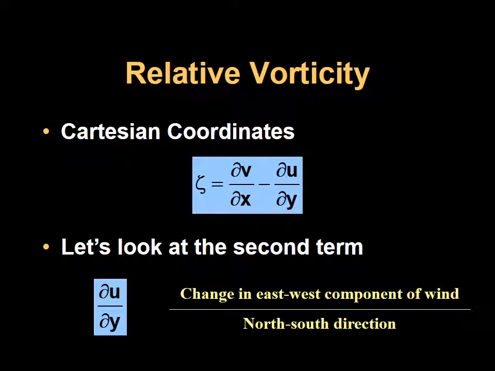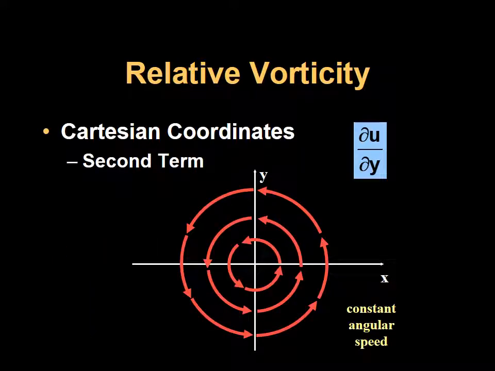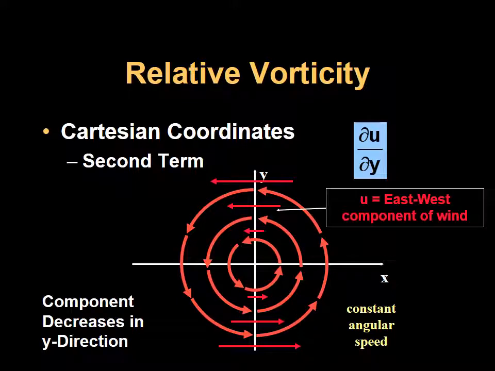Let's try the second term, which is the change in u in the y direction. u is the east-west component of the wind, and how does that change as you move towards the north? So let's see. Here we've got that spin again. And as we move to the north, moving out from the center and moving up along the y-axis, we see that the wind is getting stronger again, but it's becoming more negative.